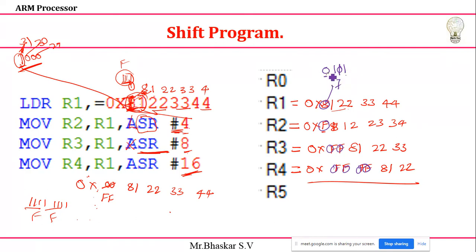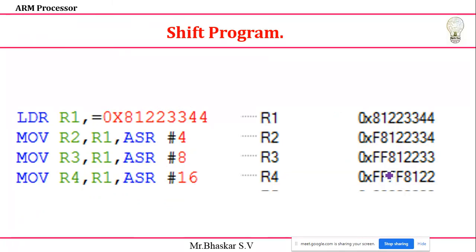If it is 0, the padding will be all 0. So this also I'll get 0, this also 0, and zeros here too. Clear about arithmetic shift? You can check the answers: F, double F, 4 F's. Previously you can check, I'll get double 0 and 4 zeros, for arithmetic shift right by 4, 8, 16 positions.